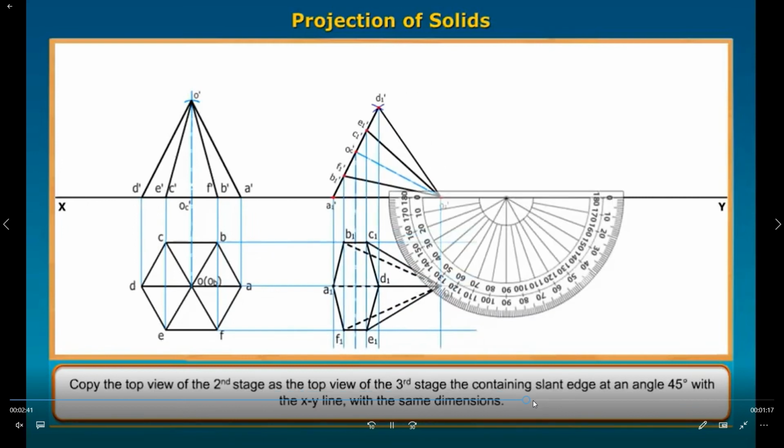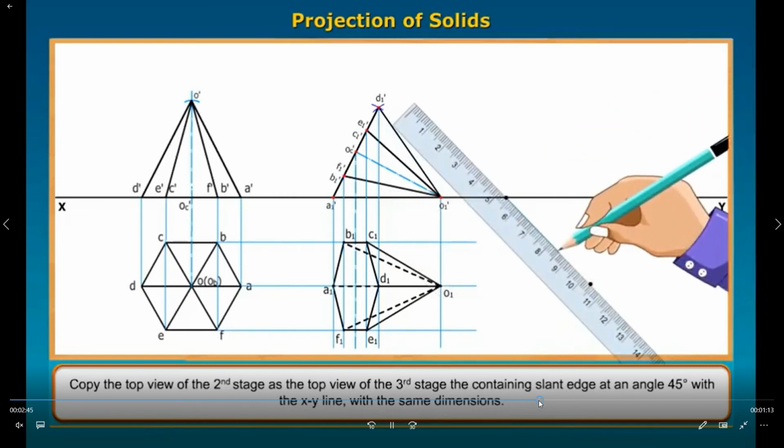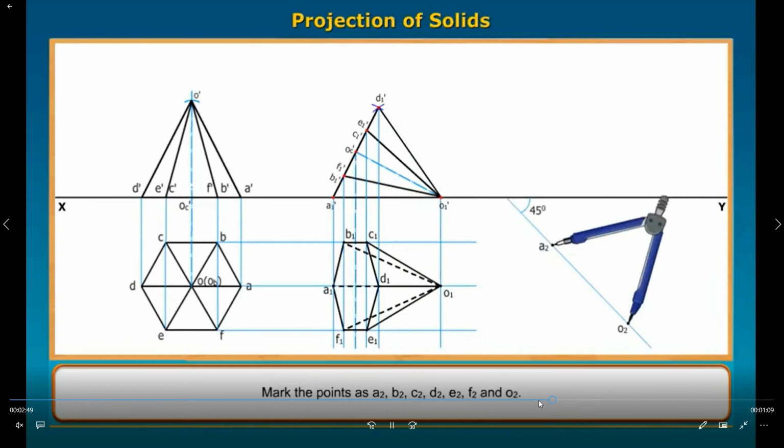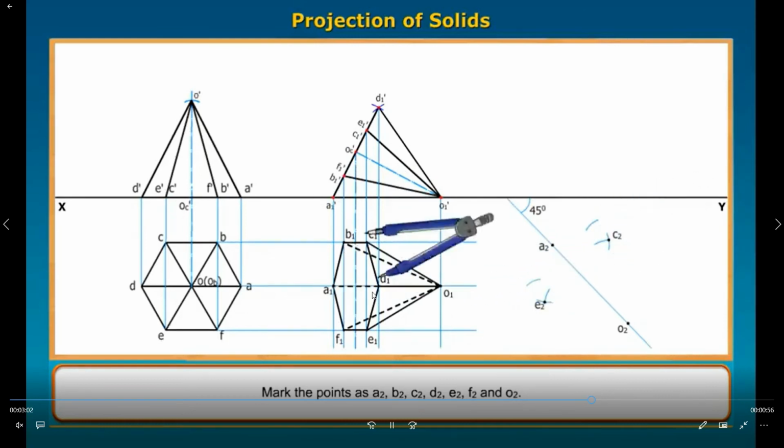Now third stage, with the help of the protractor, inclination to VP 45 degrees. Now you measure the same distance here with the help of the compass. Wherever the point distances are, A to D1 and B1 to C1, F1 to E1, A1 to D1.